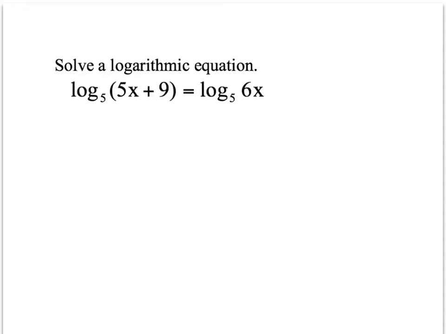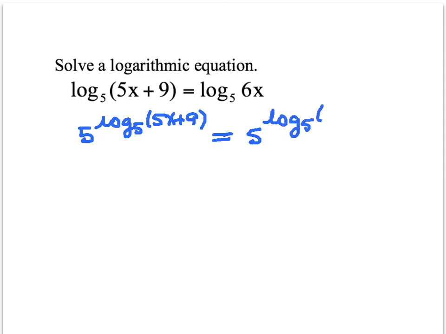Because they're base 5, I'm going to raise both sides of this equal sign as powers on a base 5. So I'm going to have 5 raised to log base 5 of 5x plus 9 equal to 5 raised to log base 5 of 6x.